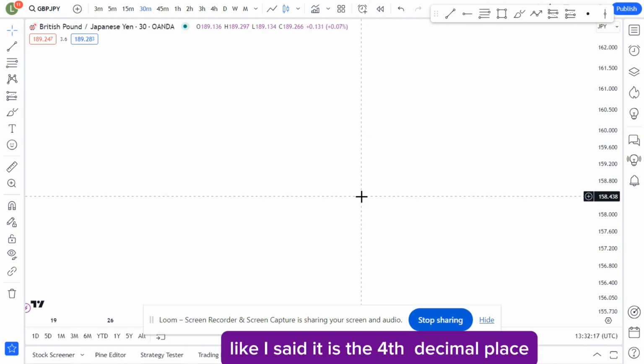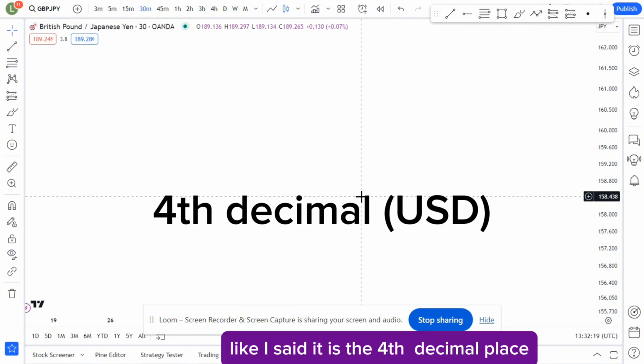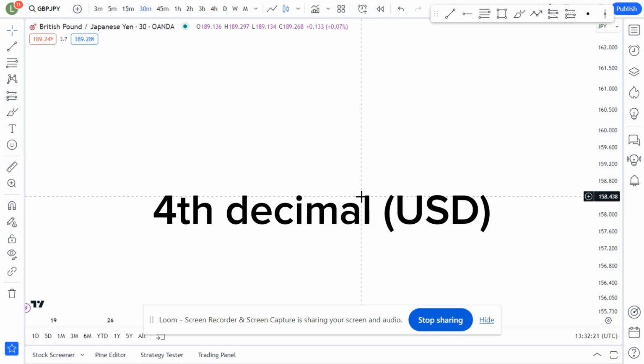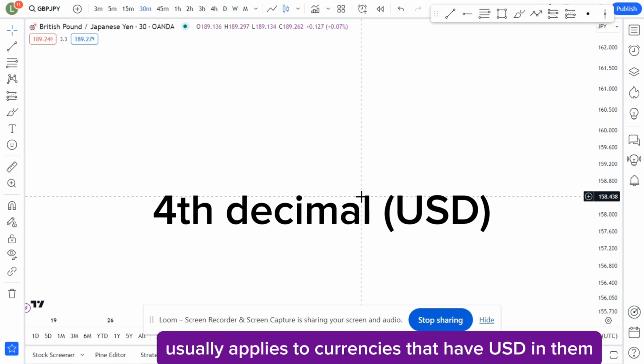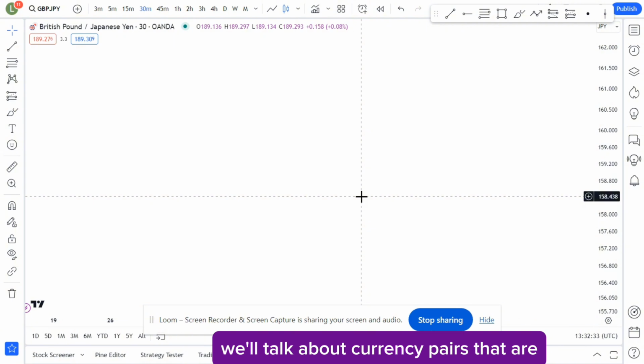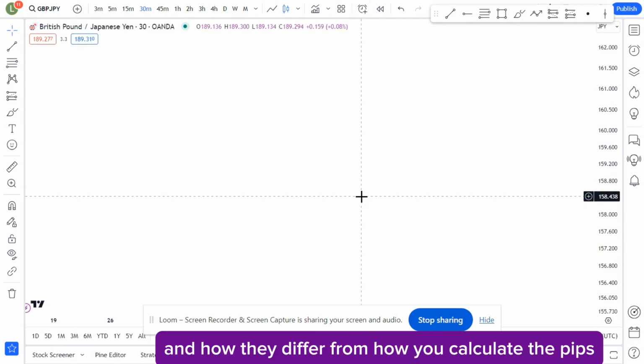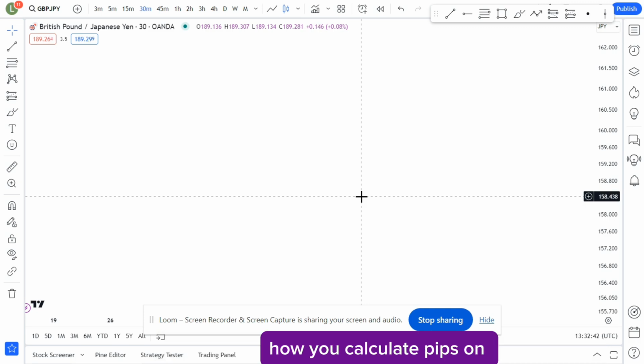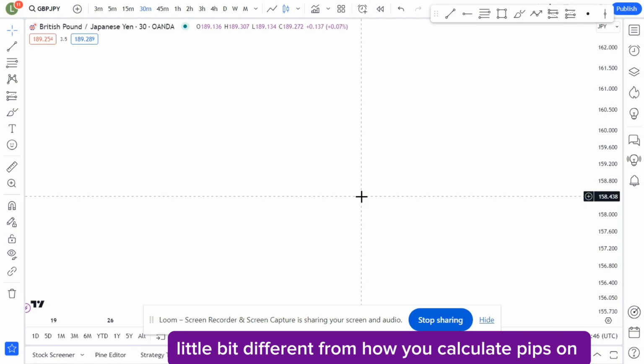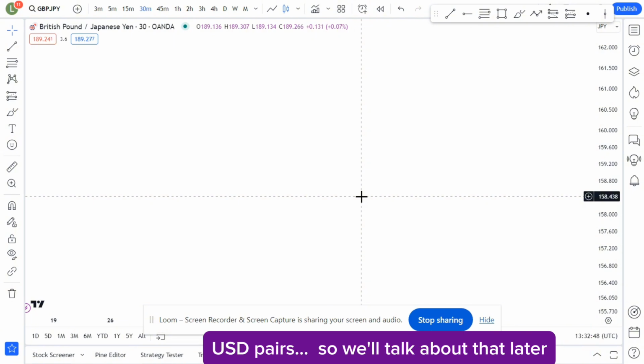Like I said, it is the fourth decimal place, but this usually applies to currencies that have USD in them. How you calculate pips on JPY pairs is a little bit different from how you calculate pips on USD pairs. So we'll talk about that later.